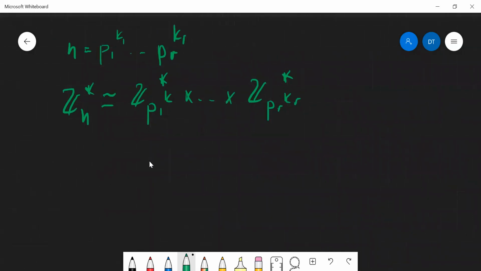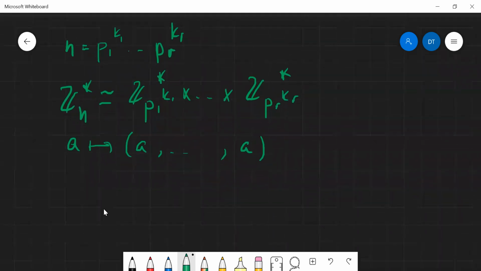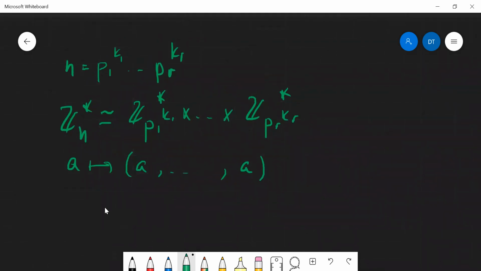That was the first claim. This is another version of the Chinese remainder theorem. And this is an isomorphism, so it goes like this. If you take an element a here, you just map it diagonally, which means that here you take a modulo p1^k1 and so on, and here a modulo pr^kr. So the map is exactly the same as in the Chinese remainder theorem.